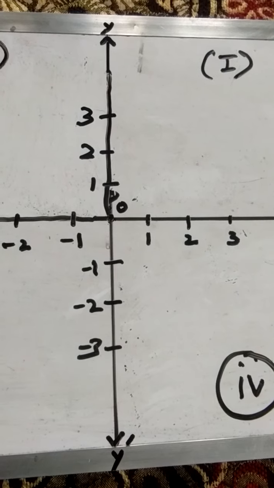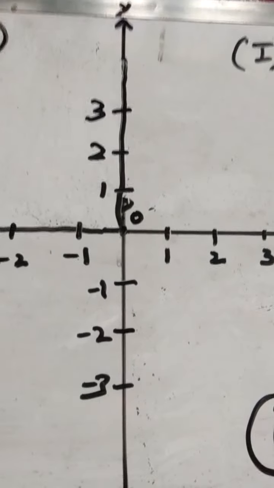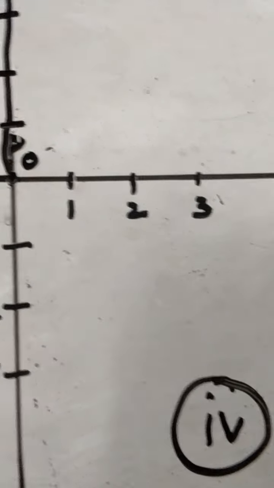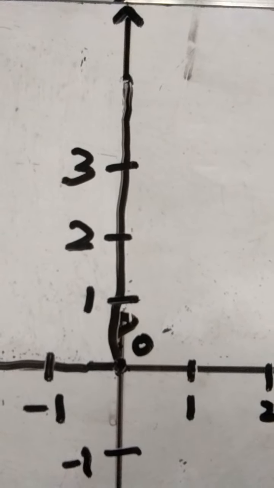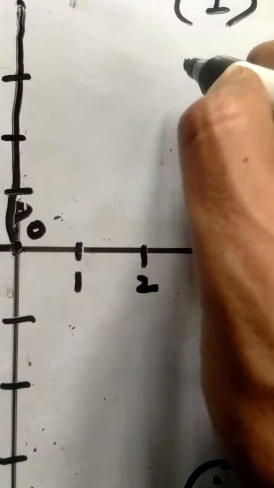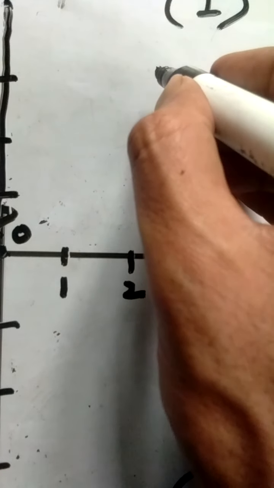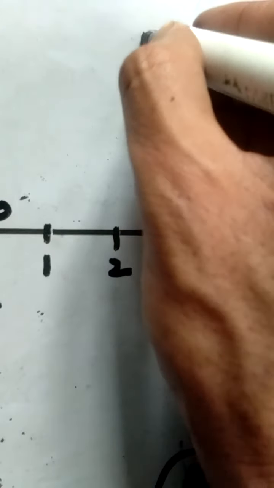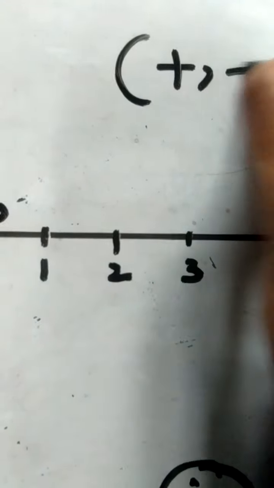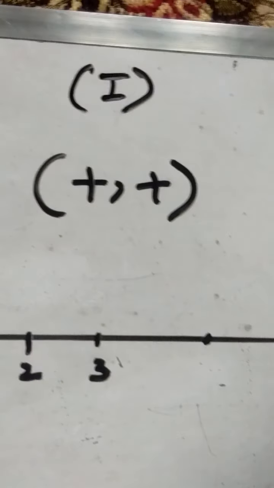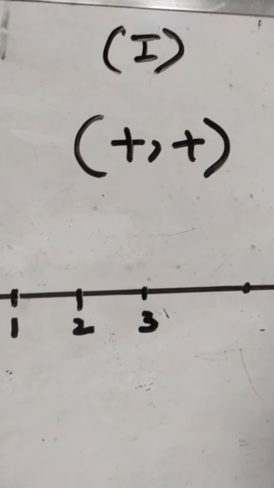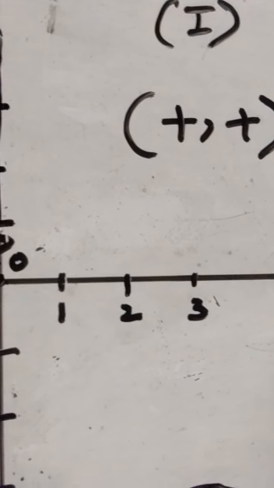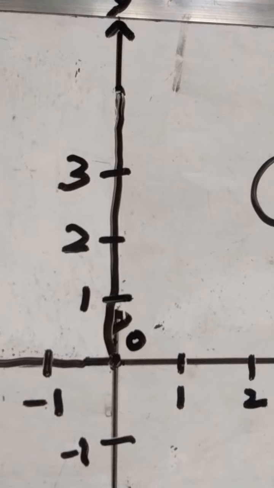In the first quadrant, along x-axis all the points are positive, along y-axis all the points are positive. So we indicate this quadrant by ++. That is, along x-axis we have positive numbers, and along y-axis we also have positive numbers.